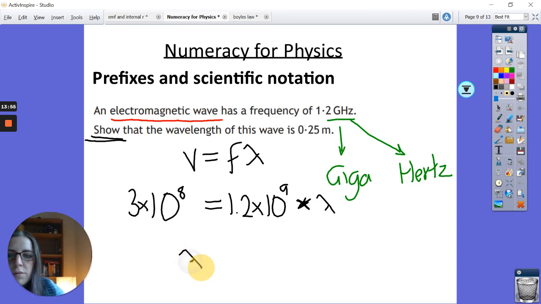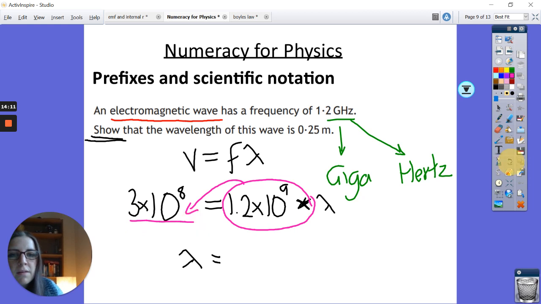To get lambda on its own, if we look at what the lambda was doing on the right hand side, the lambda was being multiplied by 1.2 times 10 to the power 9. So to get the lambda on its own, that 1.2 times 10 to the 9 needs to become a divide on the other side.